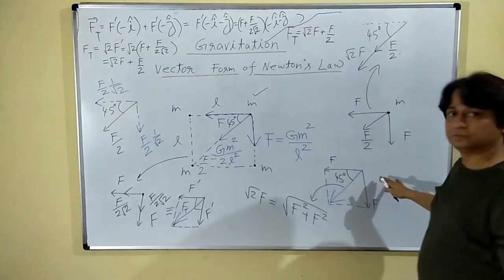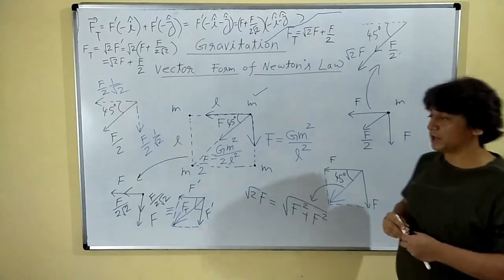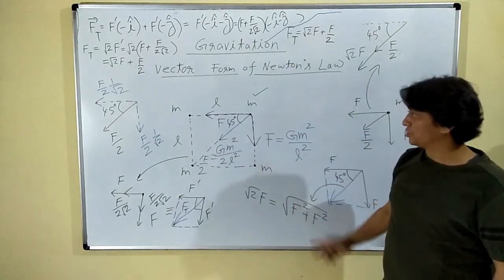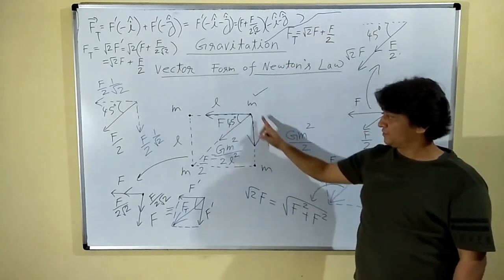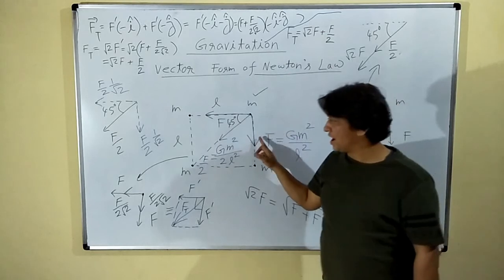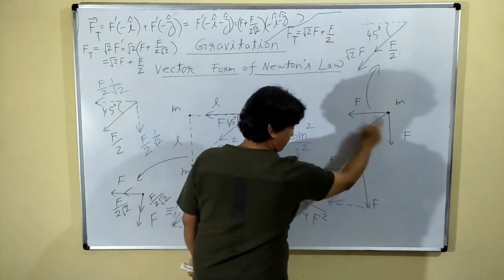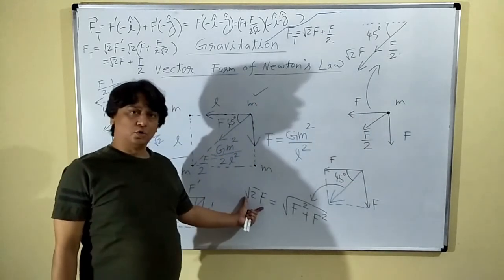अगर केवल मैग्नीट्यूड चाहिए होता, तो ये सब नहीं करना है. केवल मैग्नीट्यूड चाहिए तो क्या करेंगे? F by 2. इन दोनों F को ग्रुप किया, we got what? √2F.